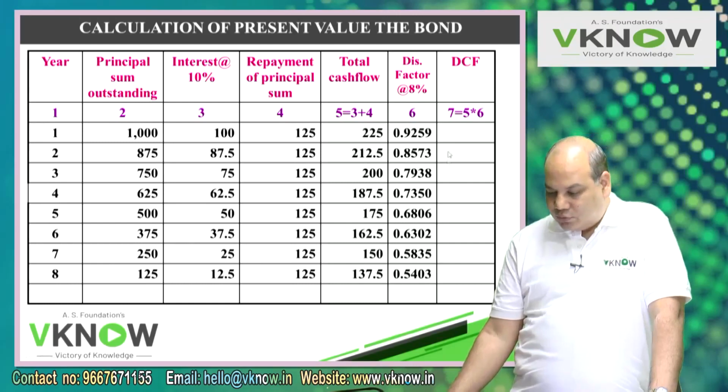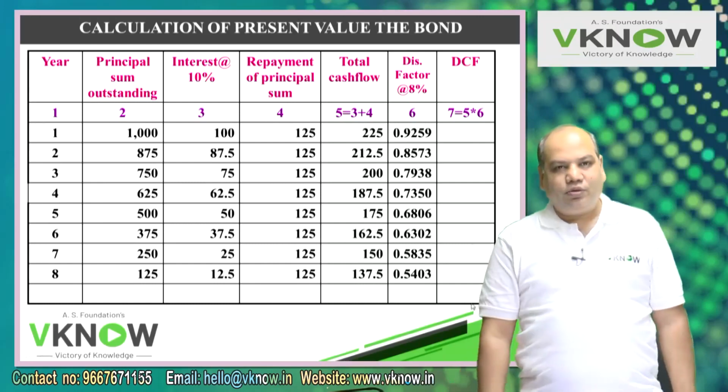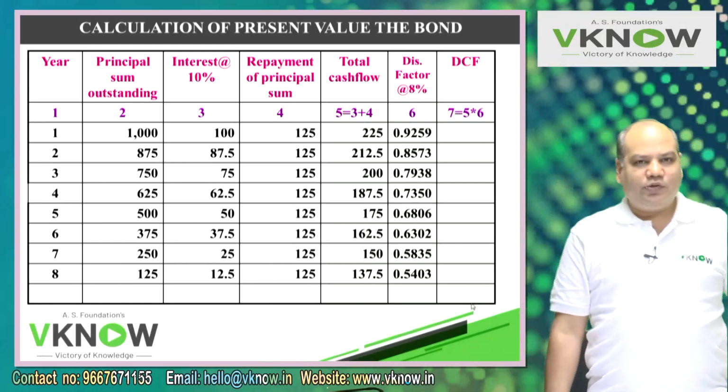Now I will give you 10 seconds to multiply these two columns 5 and 6 and then take the total. So I am waiting for your answer. I will give you 10-20 seconds to try.